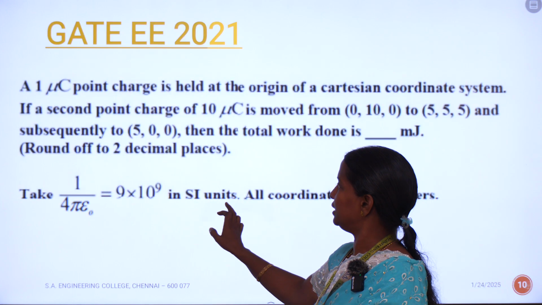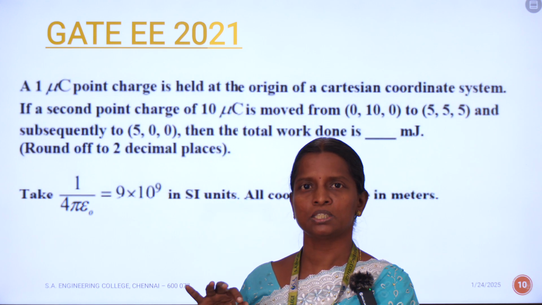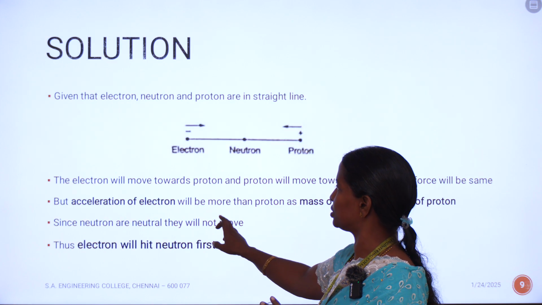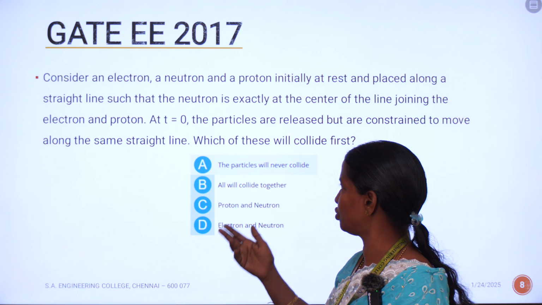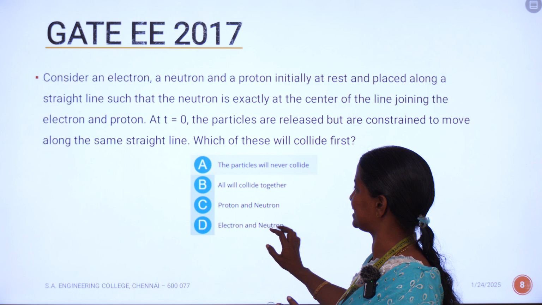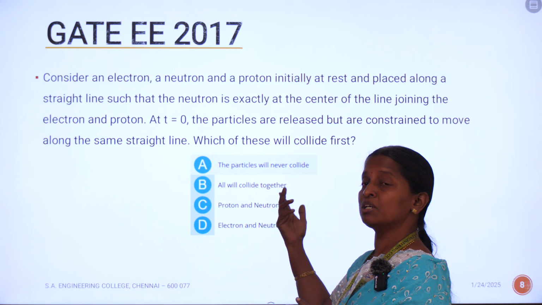Actually, in the question it is a numerical type, so we will have multiple-choice numerical values that we have to substitute. In the previous question they gave the options, so we could check easily which one is correct. We could say this is a wrong answer, maybe proton and neutron or electron and neutron we can guess.